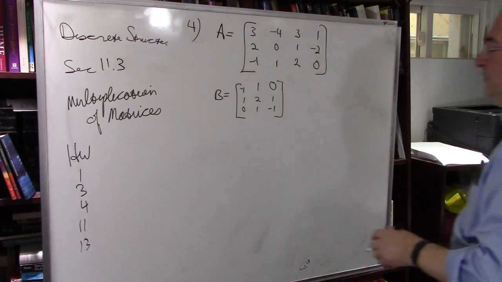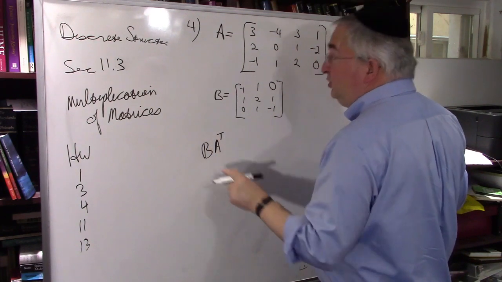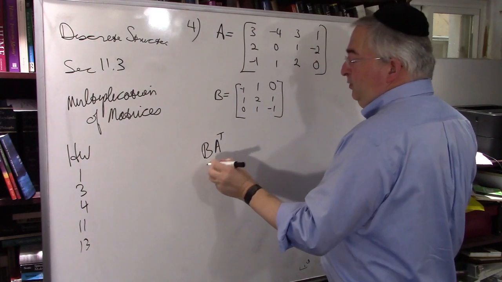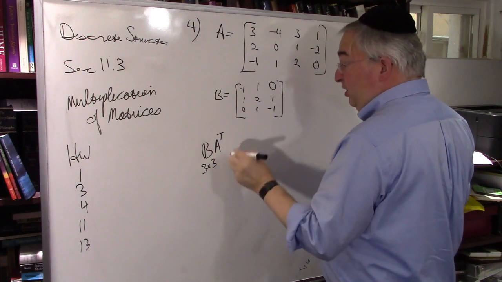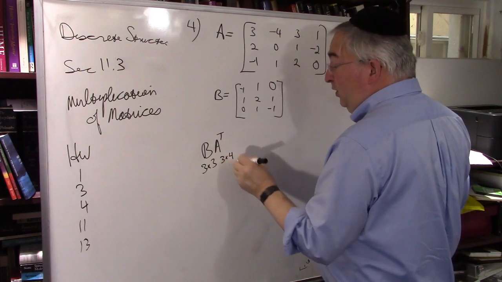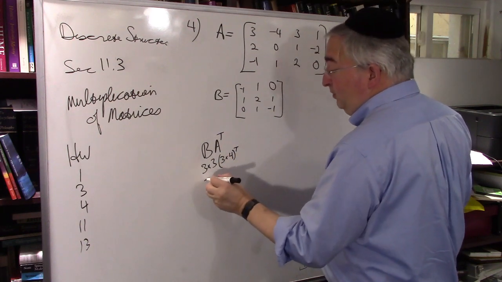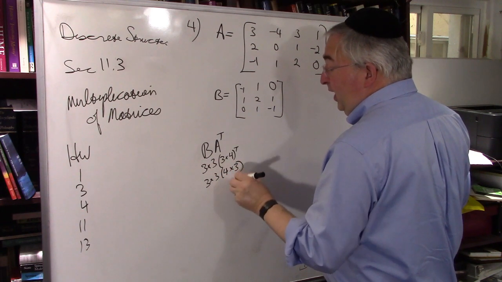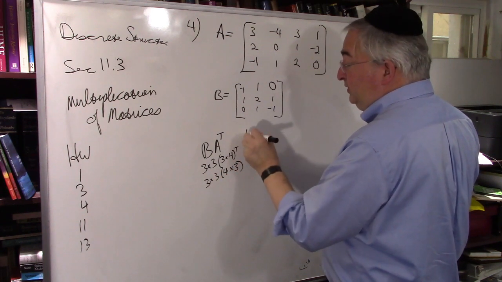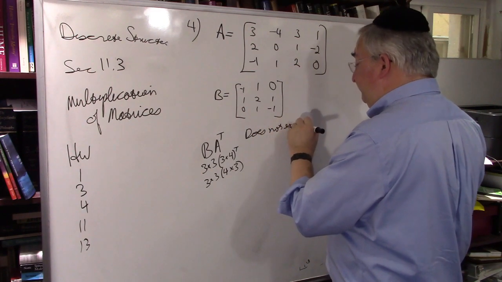BA transpose, let's just do this. B is 3 by 3. A is 3 by 4. Transpose, so this is a 4 by 3. So 3 by 3, and this is a 4 by 3. Ain't happening. Does not exist.